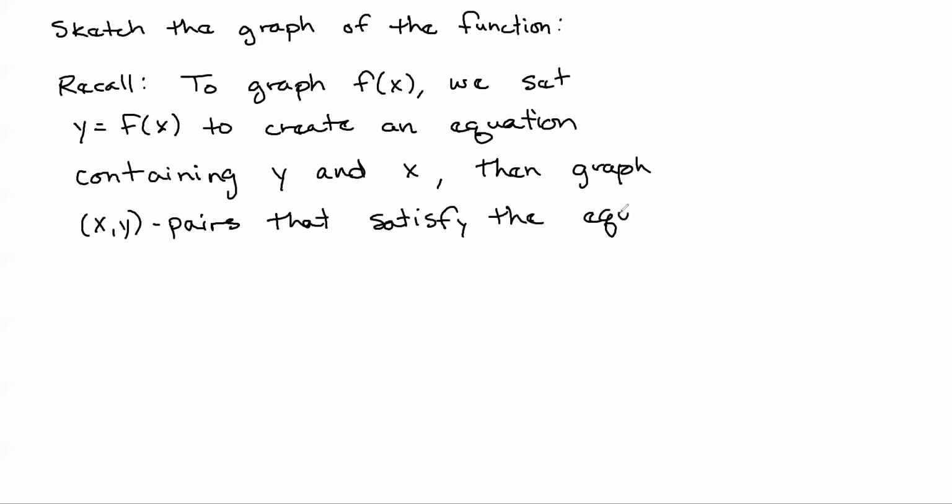So back when we had a single independent variable function, we started off with a function, then we turned it into an equation by setting it equal to y, and then that gave us y and x, and we could use that combination to graph the function. We're just going to take that idea and extend it.